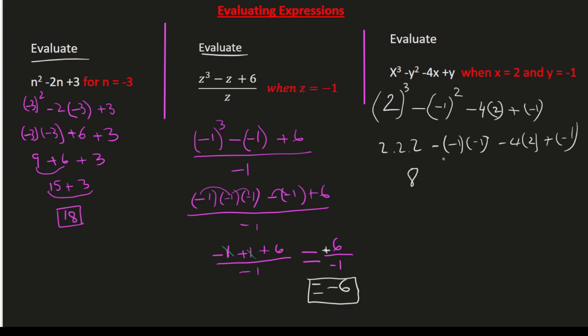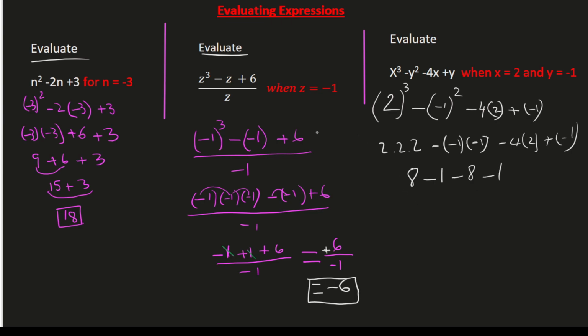So this is equal to 8. And we get minus times minus is plus 1. Plus 1 times negative 1, that's minus 1. Minus 4 times 2 is 8, so minus 8. Plus times minus is minus 1.